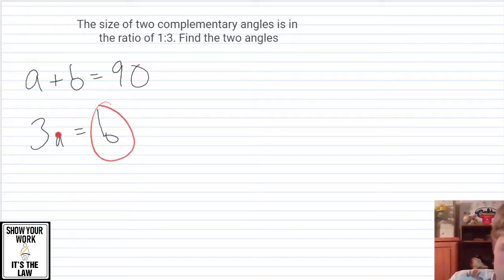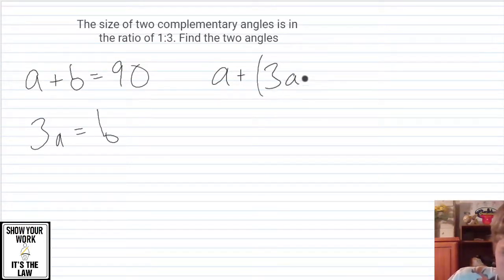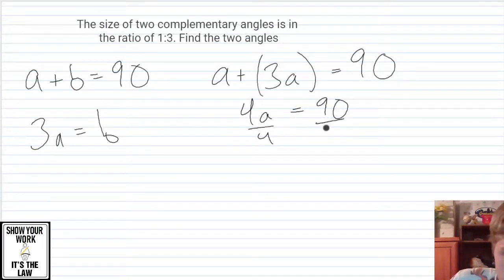We already have something we can substitute since B is by itself. So let's go ahead and do that. A plus 3A, substituted from down there, equals 90. That gives us 4A equals 90. Divide by 4, divide by 4. A equals 22.5.